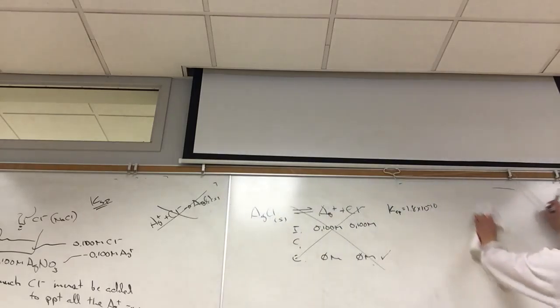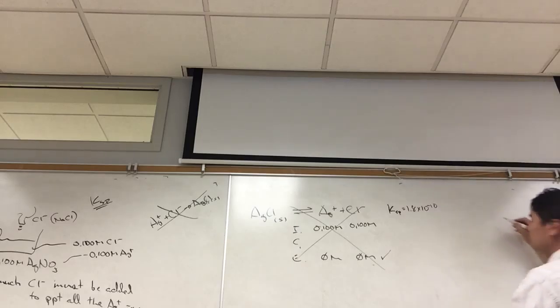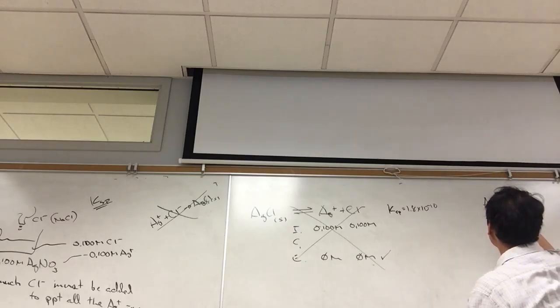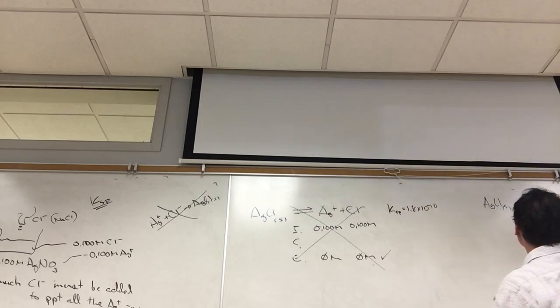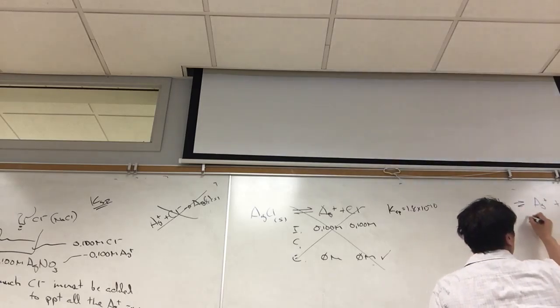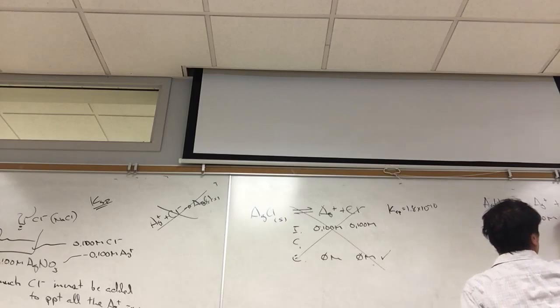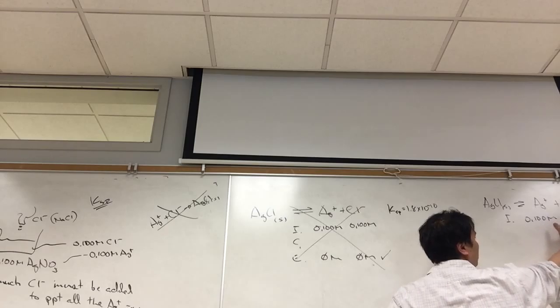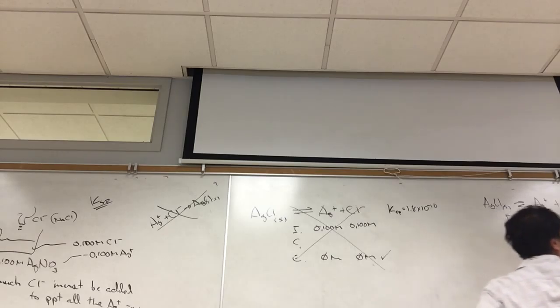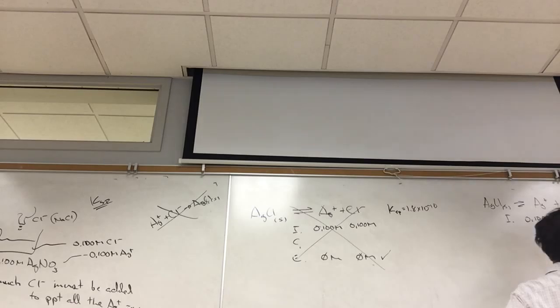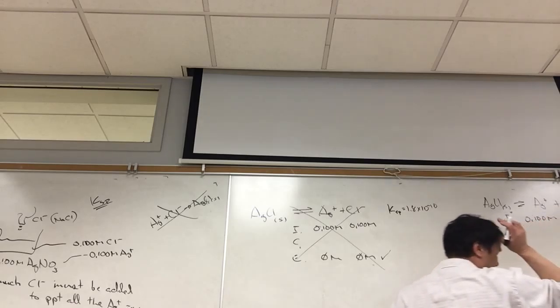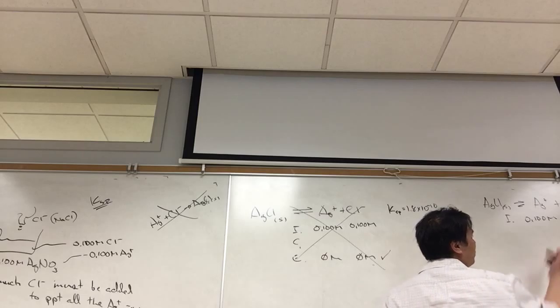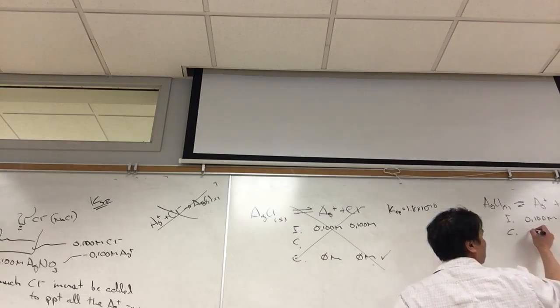It turns out that I need to think of this as an equilibrium problem. And that is, if I start off at 0.100 molar, I compare QSP versus KSP. And QSP is going to be much greater than KSP. In other words, I calculate the reaction quotient, Q. And therefore, this has got to shift to the left.